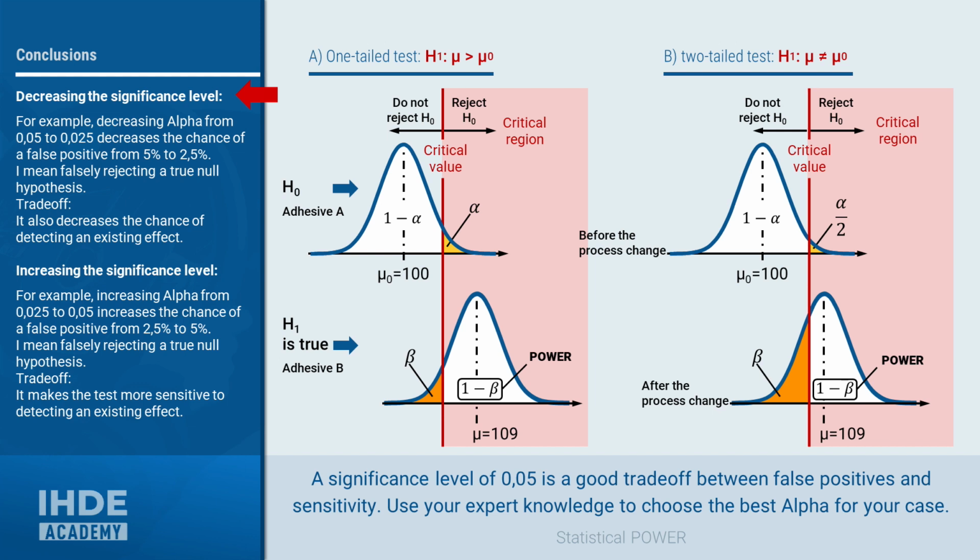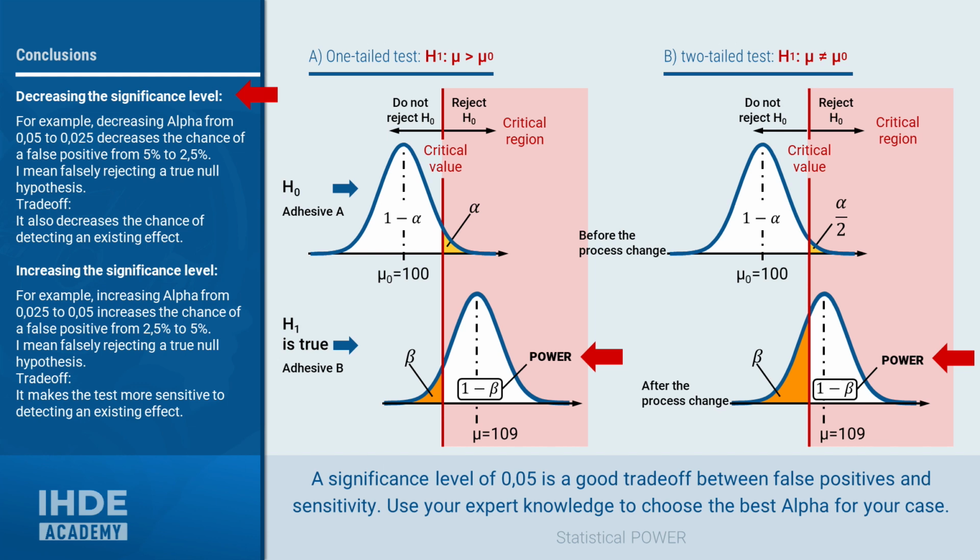Reducing the significance level alpha can reduce the probability of committing a type 1 error, so having a false positive result. We can see that this is the case in the image below on the right, since the probability of detecting an actual effect decreases as the power of 1 minus beta decreases.